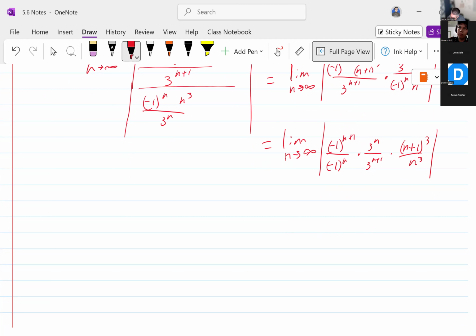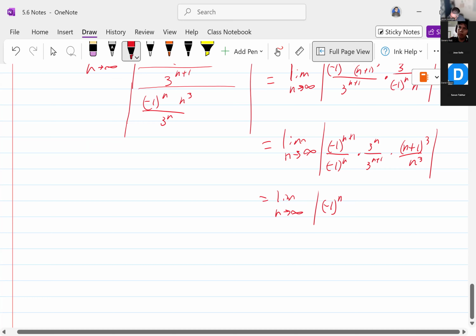The 3's go to 3 to the n minus n plus 1. And then these guys, because they're both being cubed, I can put all of these as n plus 1 over n, and then cube that absolute value. Nice. So this thing just becomes absolute value.